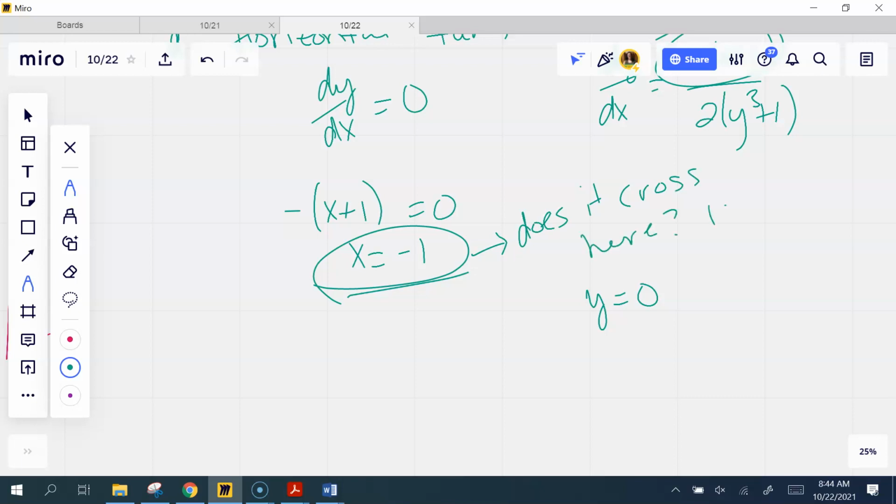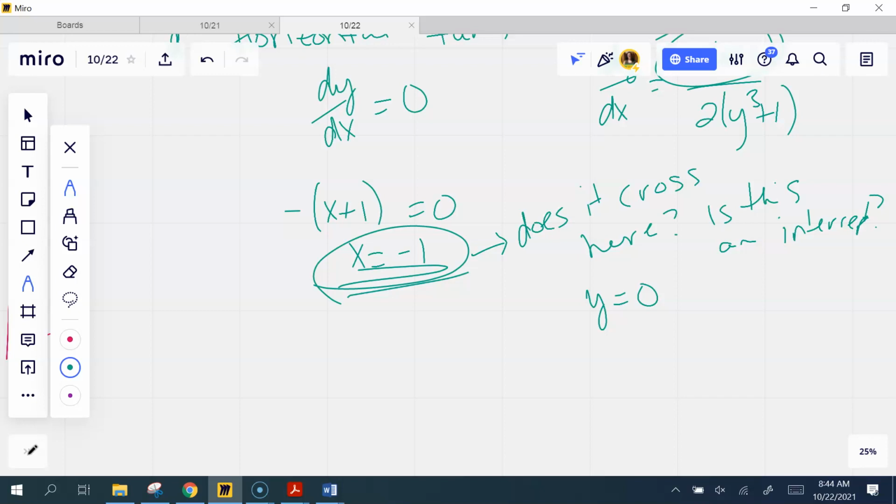In other words, is this an intercept? Well, to know that, if I plug in 0 for y, no, you want to go back to your original, because your other one is your slope.